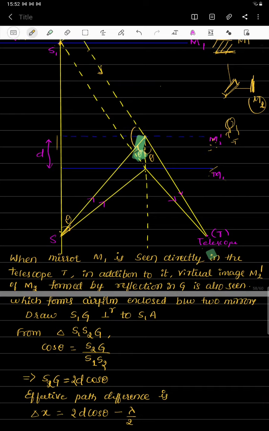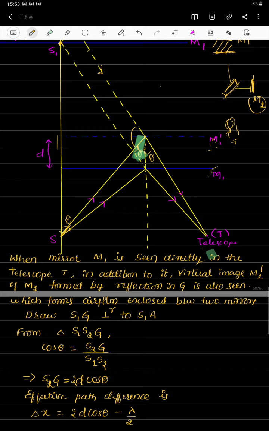So now this is the geometrical path difference. In order to find the optical path difference, look at the working of Michelson's interferometer: the second ray, the ray reflected from the second mirror M2, is reflected from the denser medium. That's why there is a phase change. A phase change of 180 degrees occurs, and a path change of lambda by 2 occurs.